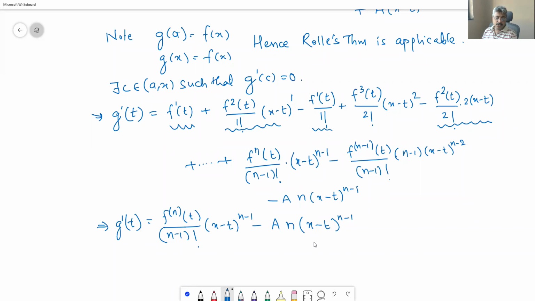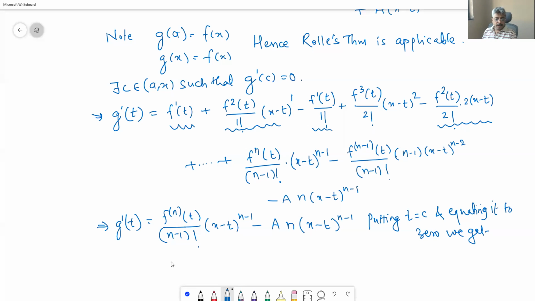And now we are supposed to put t is equal to c and say that it is equal to 0. So putting t is equal to c and equating it to 0, we get this is equal to this.